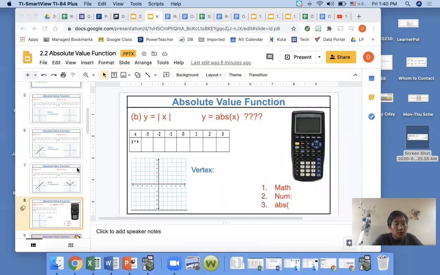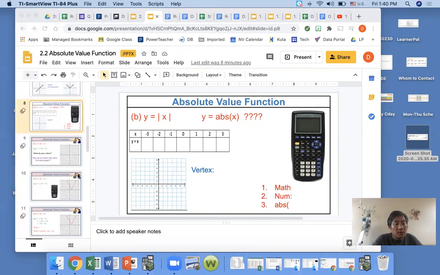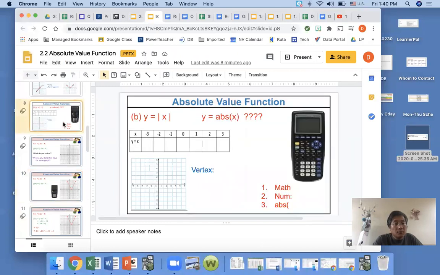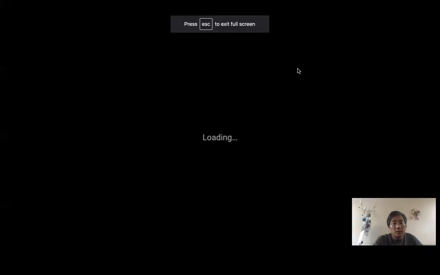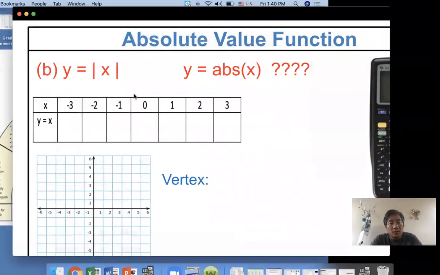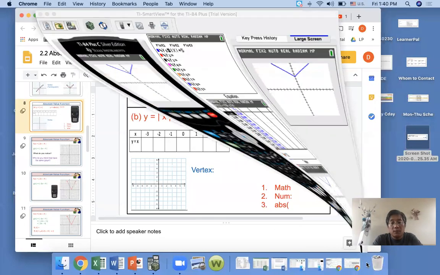I drew the graph here, not this one. I'm sorry about this. Now let's see here.